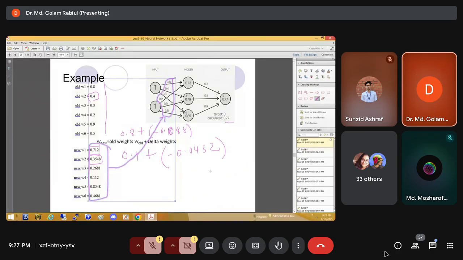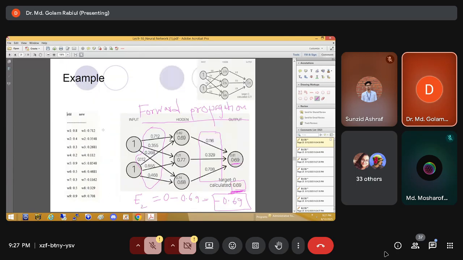It was 0.0 minus 0.77, so the error in our first iteration was negative 0.77. But we can see the error in our next iteration is negative 0.69. That means the error is reducing. From the first iteration to the second iteration, we got a little bit lower error.